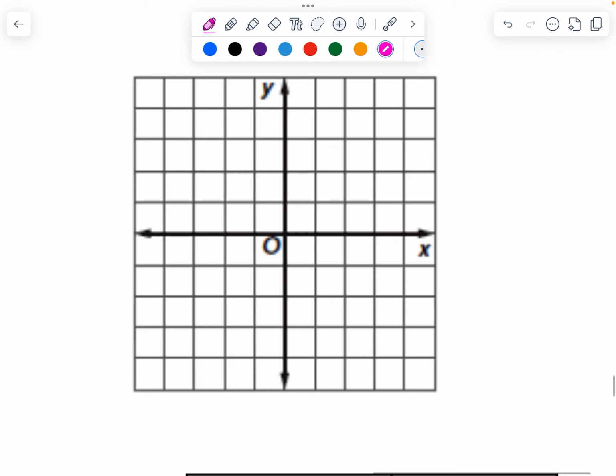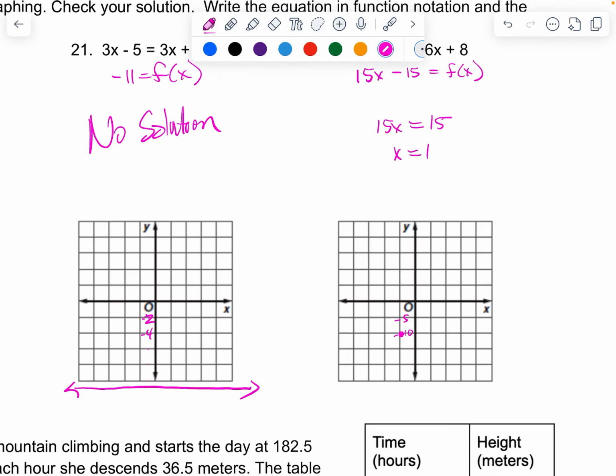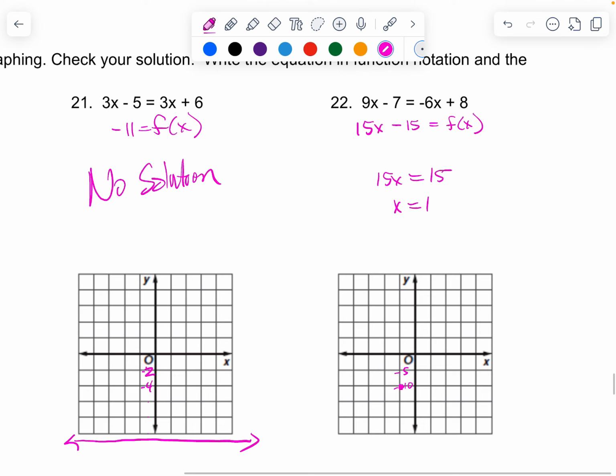So if I did this by 5, 10, so negative 5, negative 10. Oops, I don't know why I did that. So that's not really going to help. How about I do 3s, negative 3, negative 6, negative 9, negative 12, negative 15. It goes there.